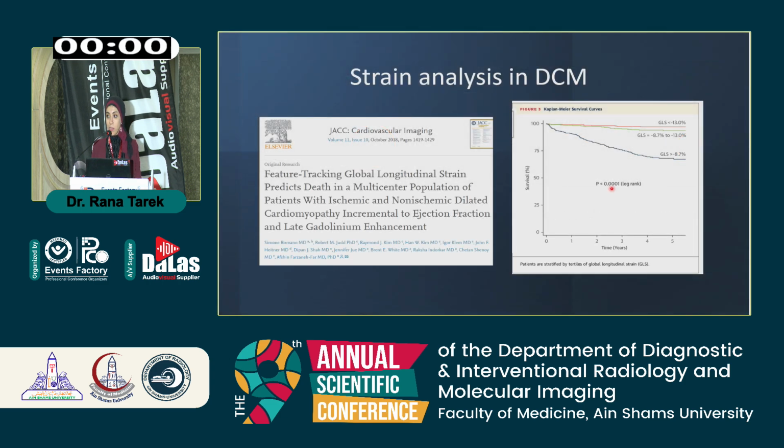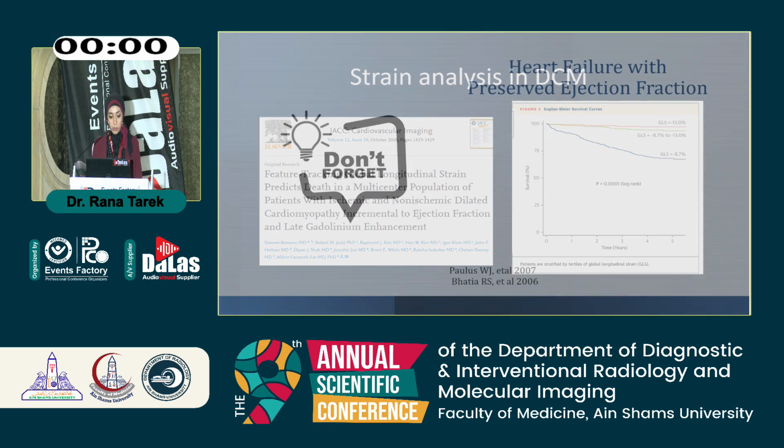And definitely the strain analysis is well applied in these cases, and we can detect that there is an effect on the global longitudinal strain in cases of dilated cardiomyopathy, and this can predict the prognosis.